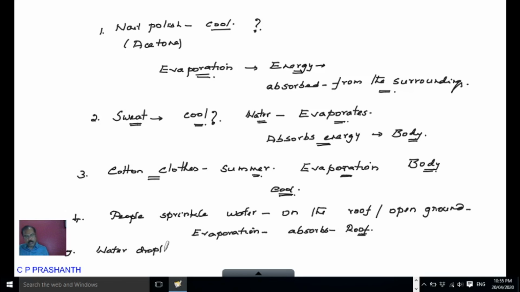We find water droplets on the sides of a glass in which ice is kept, on the outer surface of the glass where ice is kept. And why are the water droplets seen on the outer surface?